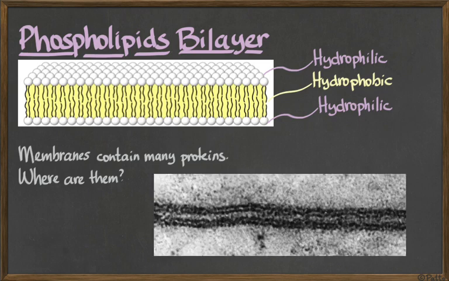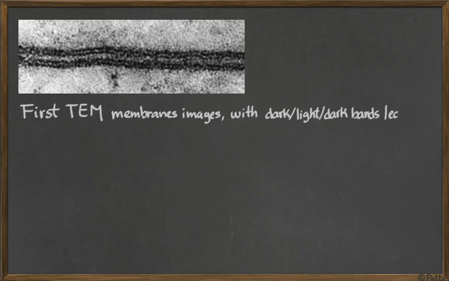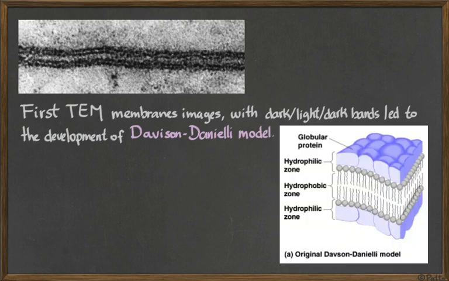This image that I'm going to show you: the first transmission electron micrographs of membranes show this dark, light, dark bands pattern, which led two scientists called Davson and Danielli, whom I like to call D&D, to think that maybe the phospholipid bilayer is in the middle, keeping the membrane structure together, and the proteins are outside, on one side and the other.